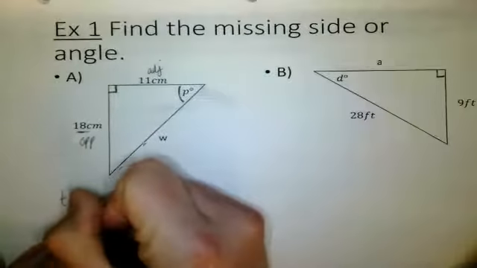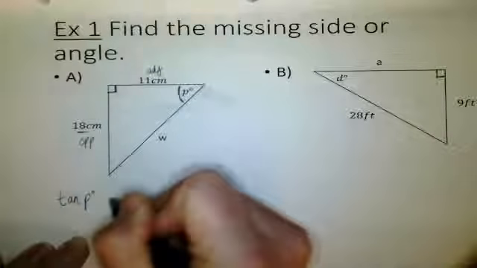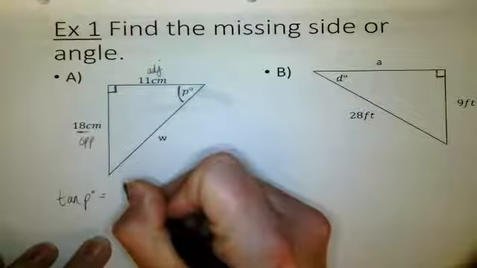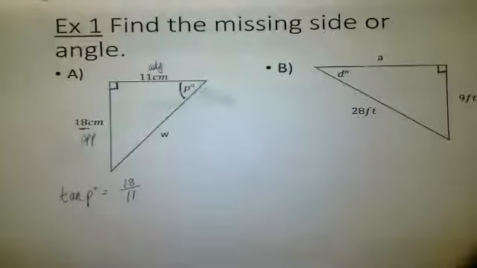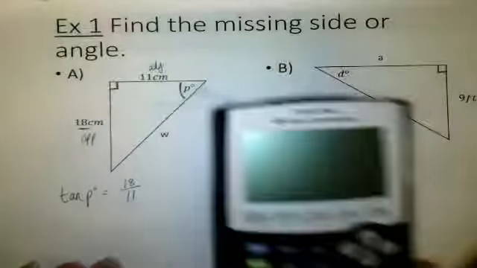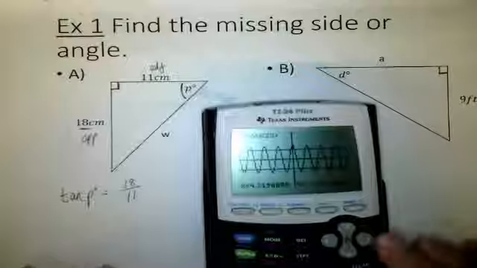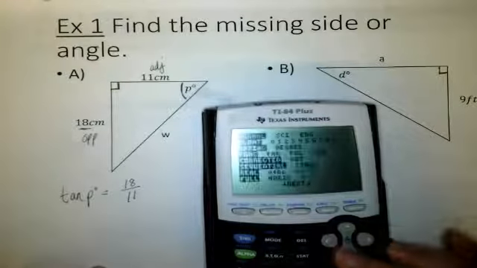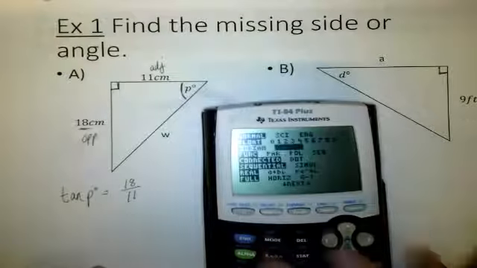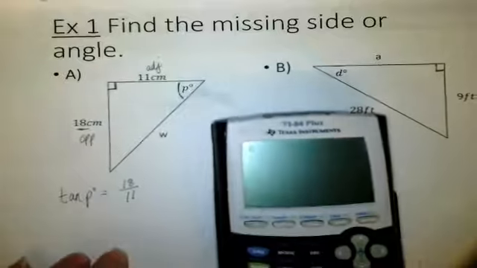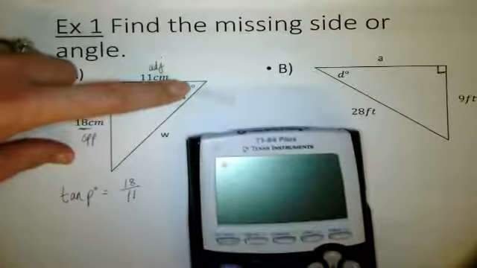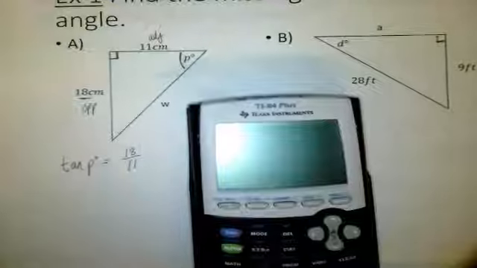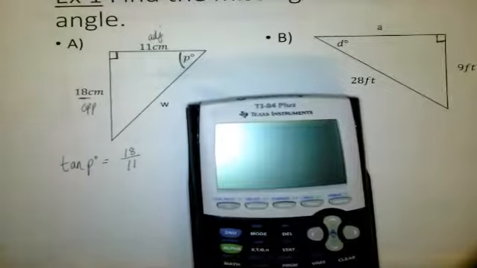So tangent of angle P would be opposite over adjacent. So I just wrote a trig equation, and I want my calculator to be in degrees. Why degrees? Because it says P degrees.